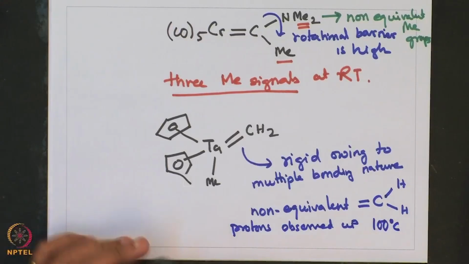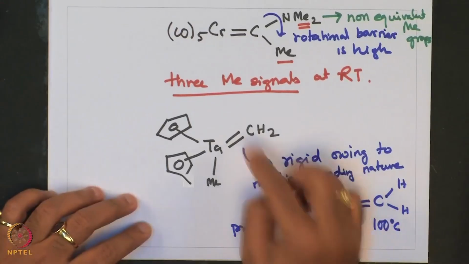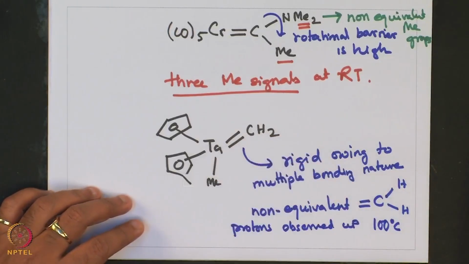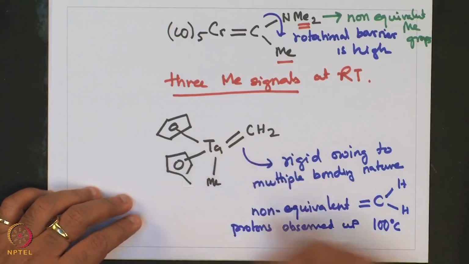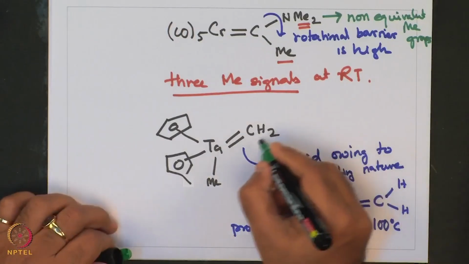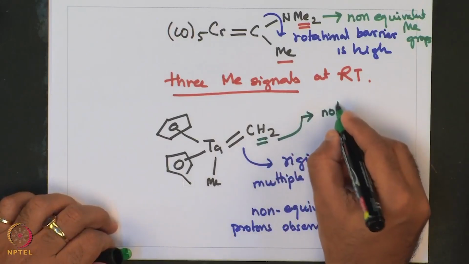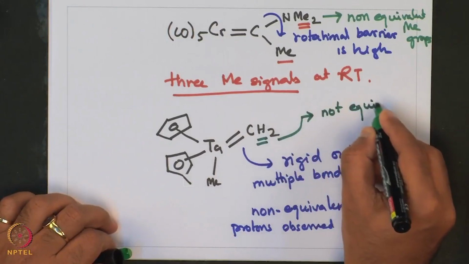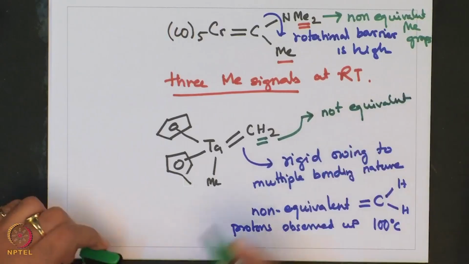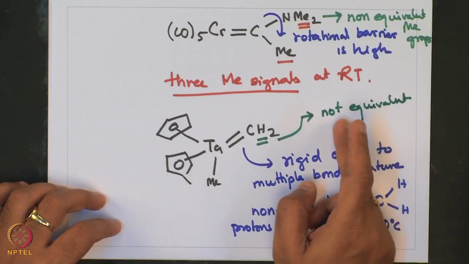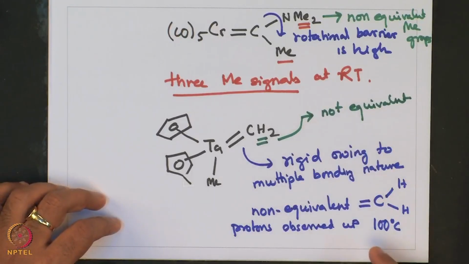So, it shows that where there is multiple bonded carbene to tantalum, the rotation is not really possible. As a result, these two hydrogens are inequivalent, not equivalent, and this can be observed from proton NMR, and this non-equivalency exists up to a very high temperature of 100 degree centigrade.